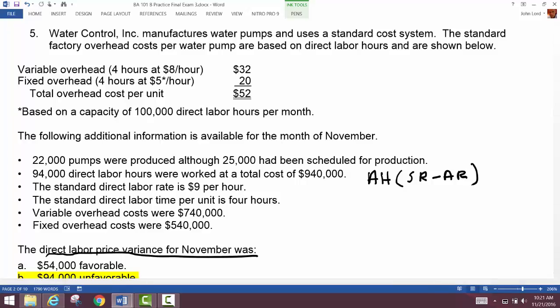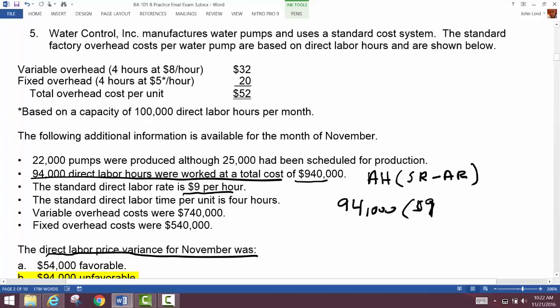Do they tell me the actual hours? So they're giving me that. Do they tell me the standard rate for labor here? $9. Can I figure out the actual rate? How?